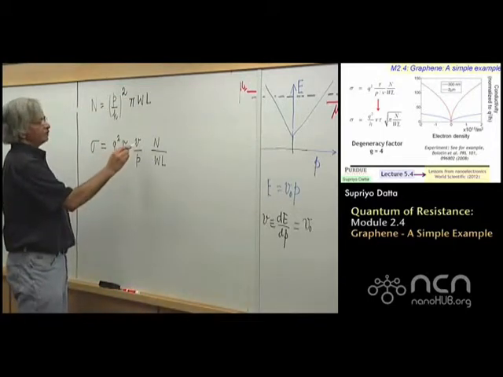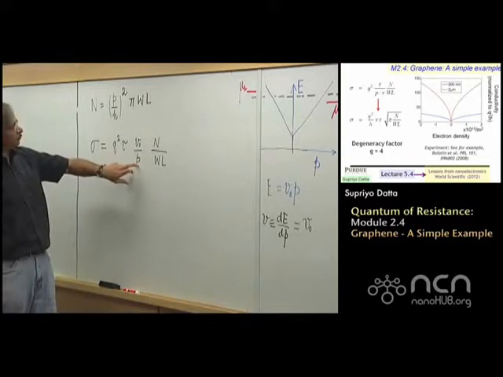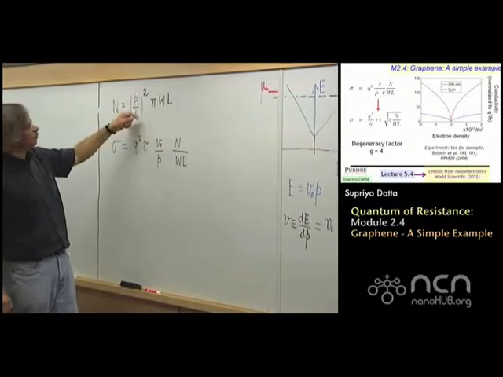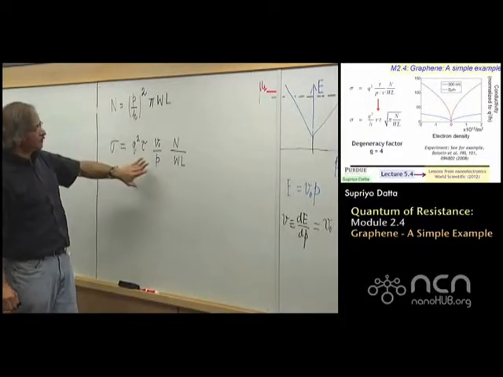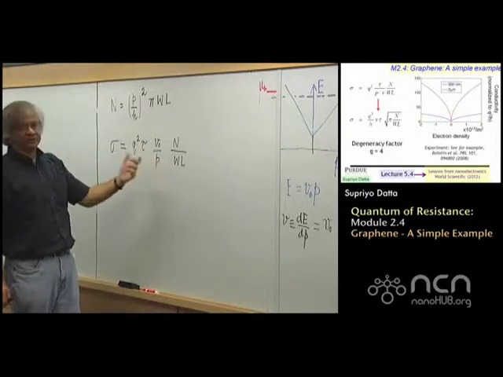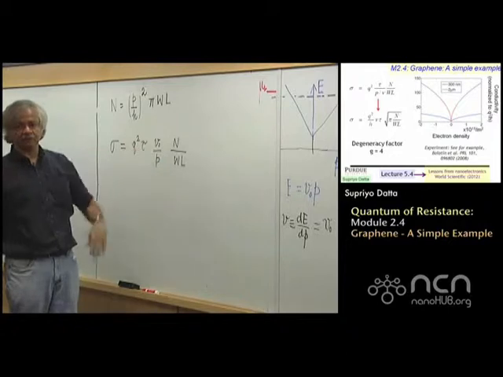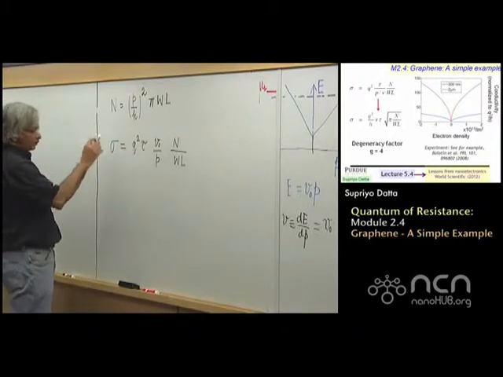So we could write here V0, that's velocity. Now the question is, what about P? Well, we could use this relation to relate P back to N. That way, we can eliminate the P from here and have an expression for conductivity in terms of N alone.